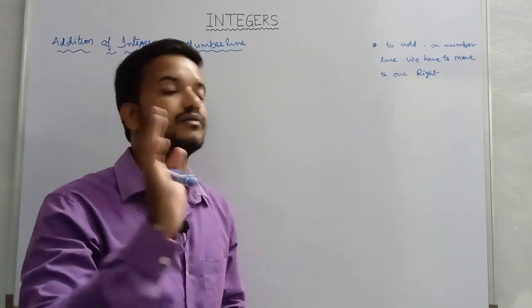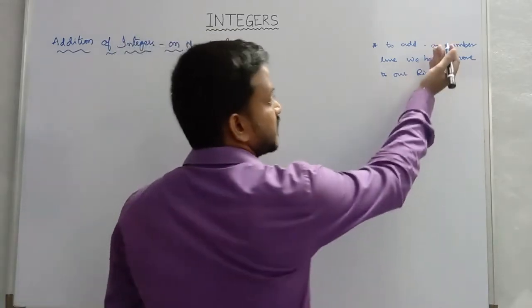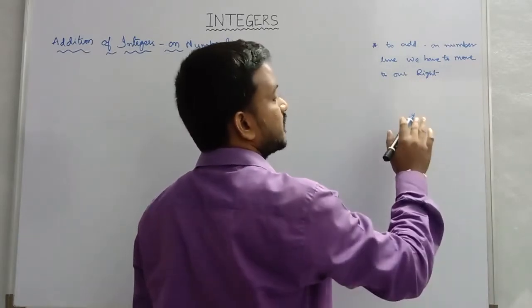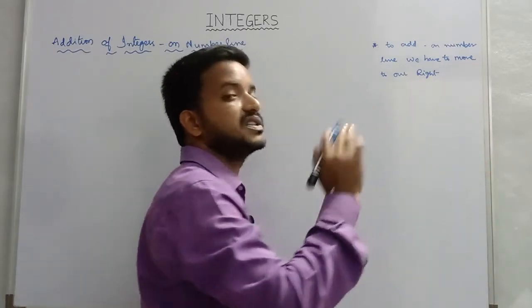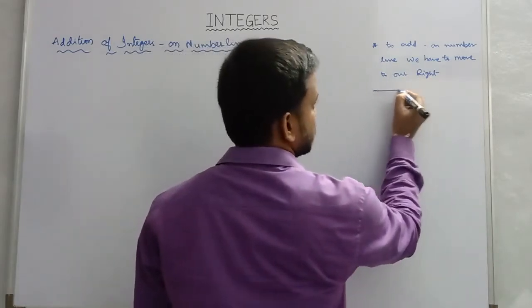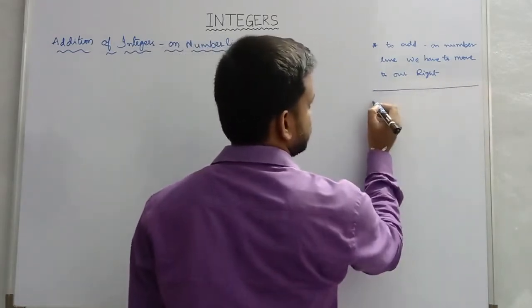Okay, so you have to remember in this manner. The same thing is applicable for positives, and in case of negatives you have to change the direction. So here we can write, this is for integers.